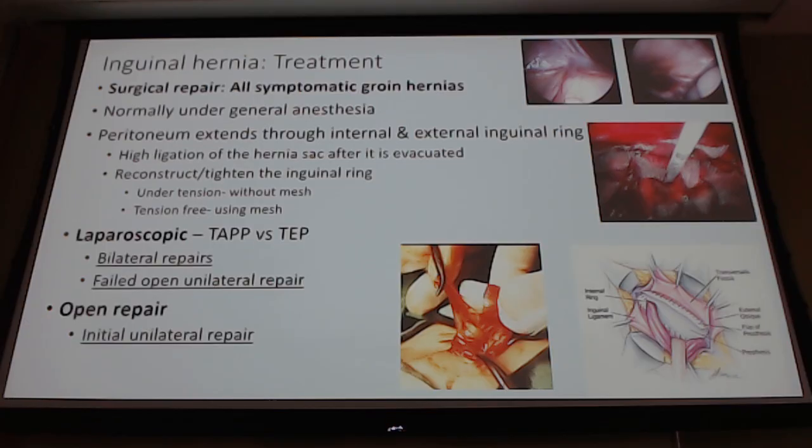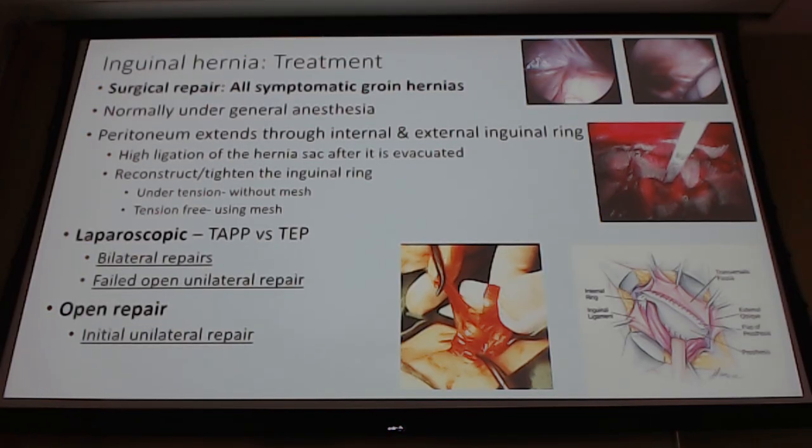So once we've already done an open procedure and laid mesh, we are no longer an open option. We're not going to be able to get through that mesh again in order to take it out and do a new type of mesh or a different type of closure. So once they've already had one, then they go laparoscopic.